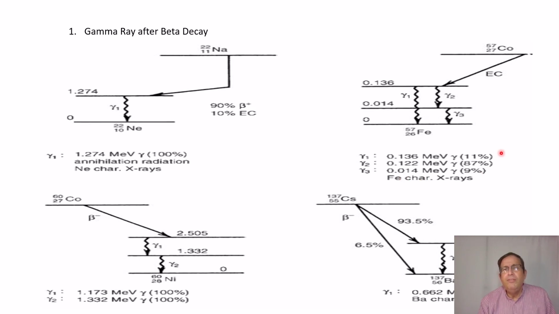So the various branching ratios, or the percentage of these different gamma rays that are produced, are also shown in the bracket. 11% of gamma 1, 87% of gamma 2, and 9% of gamma 3 is produced. Similarly, you can talk about other reactions like, for example, cobalt-60 to nickel-60, and then also Cs-137 to Ba-137, and so on.